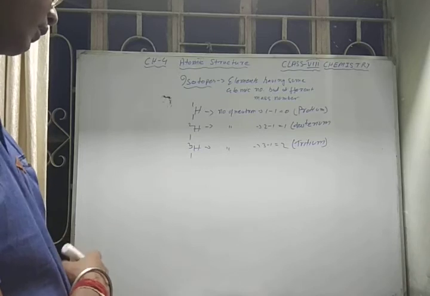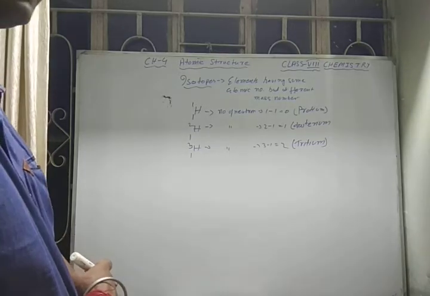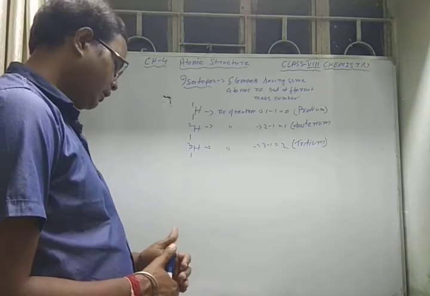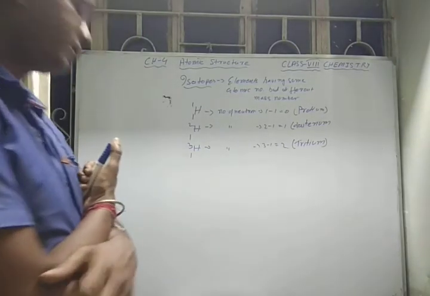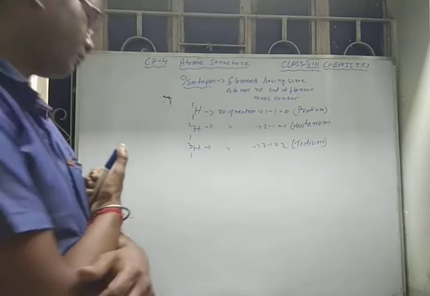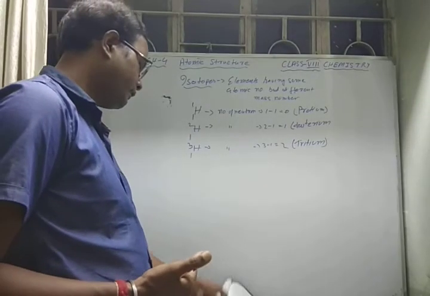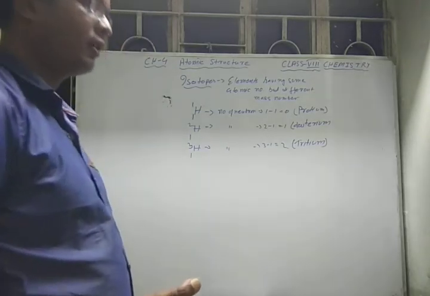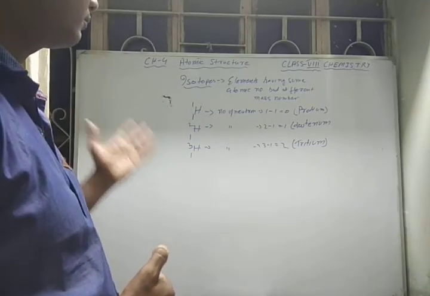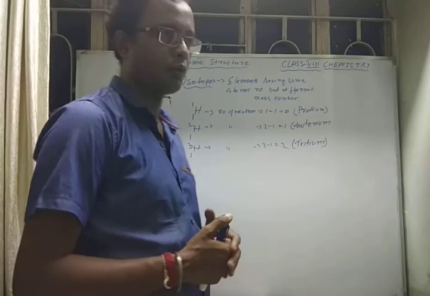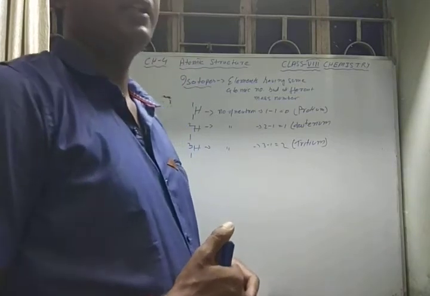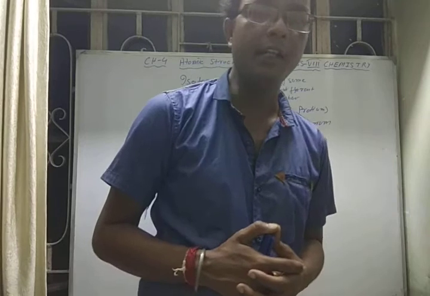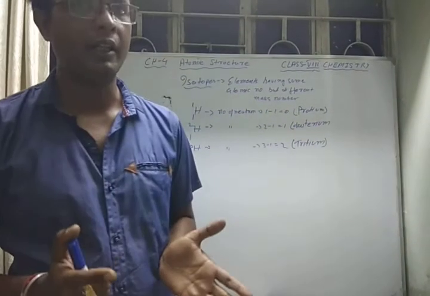Many other elements also have isotopes, like carbon has 3 isotopes, oxygen has 3 isotopes, chlorine has 2 isotopes. After the discovery of subatomic particles, the electrons, protons and neutrons, we have seen that what John Dalton said, that atoms are indivisible, was proved incorrect.